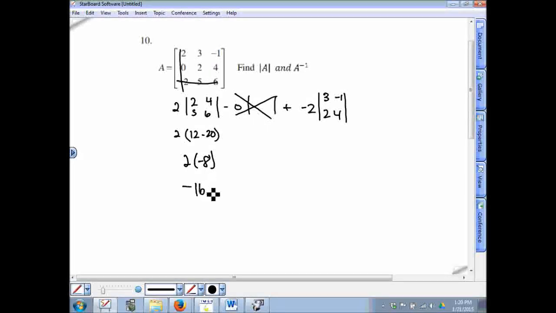That's 2 times -8, and it gives you -16. Over here, 3 times 4 is 12. 2 times -1 is -2. So minus negative is plus, so this is -16 minus 28. So that's -44. That's the determinant.